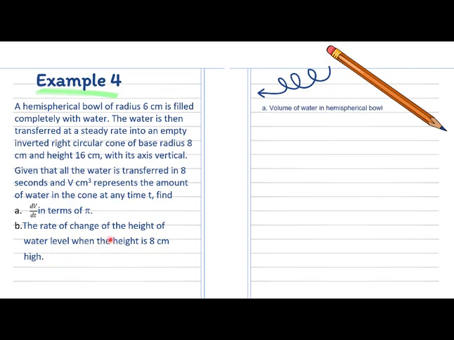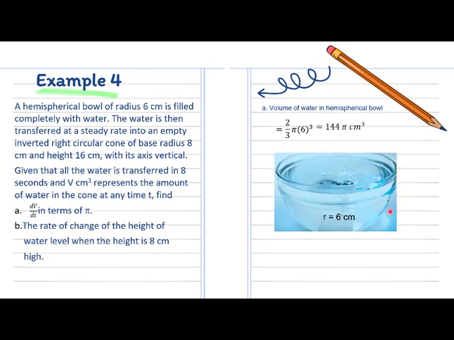So first, the volume of water in the hemispherical bowl can be calculated using 2/3 pi r cubed. Then, since r equals 6, it equals 144 pi cubic centimeter. The 2/3 comes from half of the volume of the sphere, that is 4/3 pi r cubed.